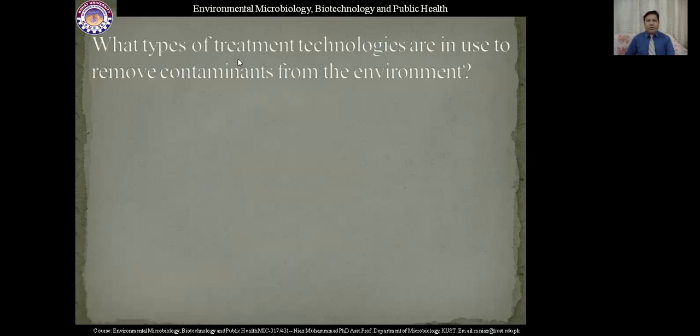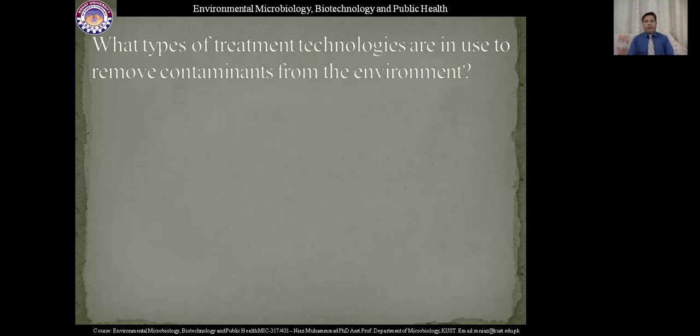What type of treatment technologies are in use to remove contaminants from the environment? If we are talking about environmental microbiology, we must ensure we know which activities and techniques are used throughout the globe to remove pollutants from this planet, from the earth, from the environment.